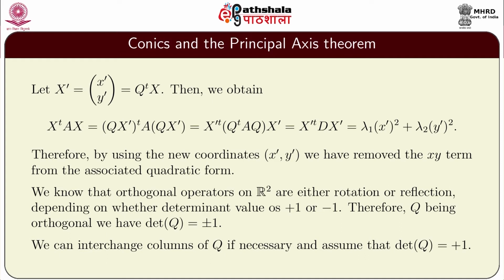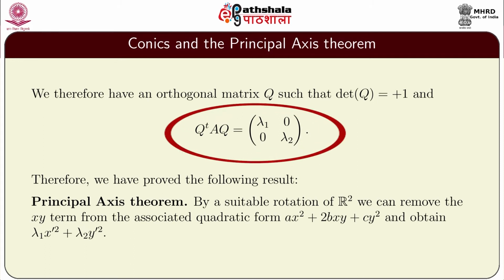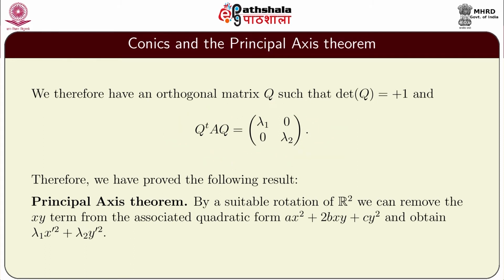That means, up to a permutation of the columns, we can assume that Q is a rotation matrix on the real plane. We therefore have an orthogonal matrix Q such that determinant of Q is plus 1, representing a rotation on the real plane, and Q transpose AQ is this 2 cross 2 diagonal matrix lambda 1 0 0 lambda 2. Lambda 1, lambda 2 are nothing but the real eigenvalues of the real symmetric matrix A.